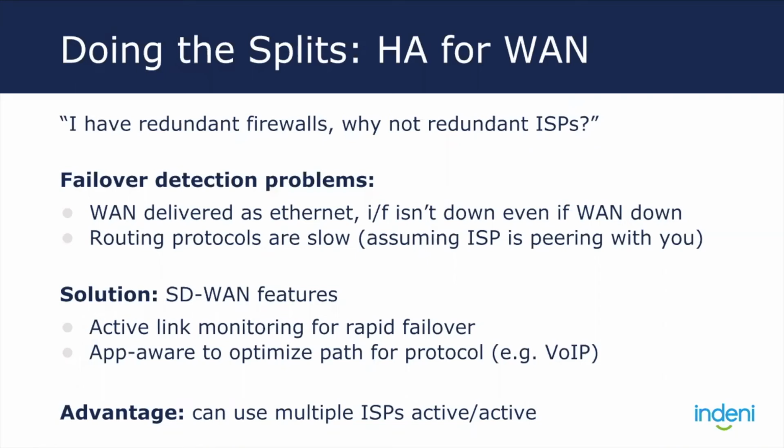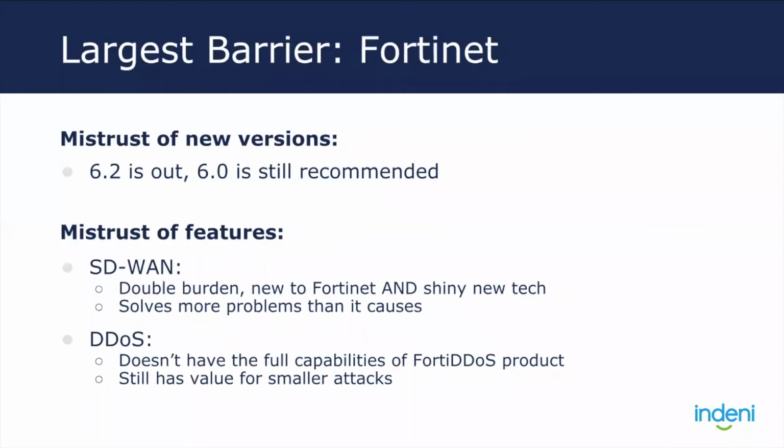And this can even be done using redundant firewalls. So SD-WAN isn't just for overlays across the internet. That secure SD-WAN is actually a fairly robust set of features that have been packaged together. But the downside with it is you've got to be using FortiOS version 6. And that brings us to the final barrier, which is possibly the largest barrier in dealing with Fortinet, which is Fortinet itself.